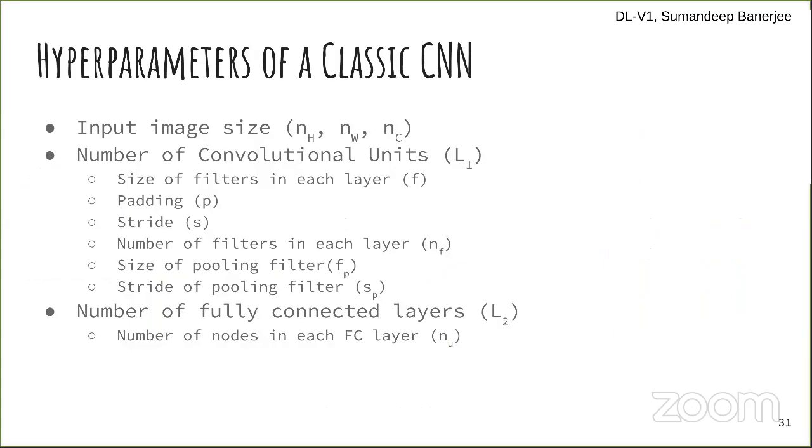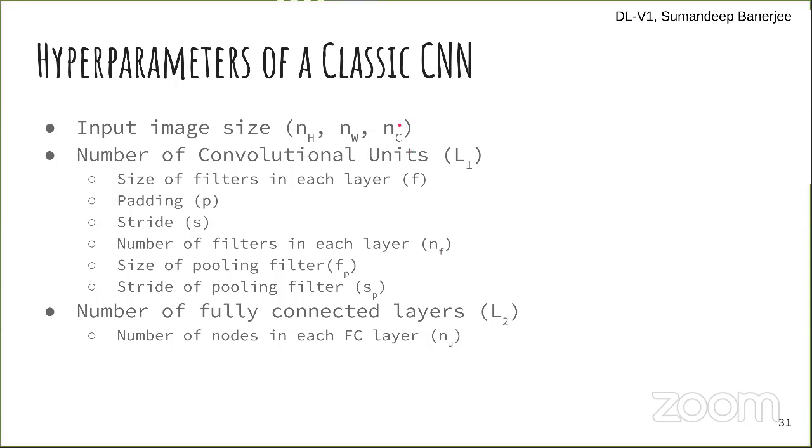So the hyperparameters are NH and NW. Why? Because sometimes we want to design the network for a particular size of image, and whatever the input image is, we first use simple image processing to resize it to the required image size of our own designed network. That is also a kind of hyperparameter.